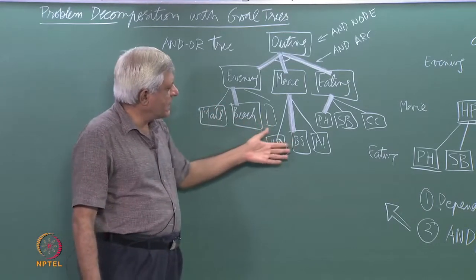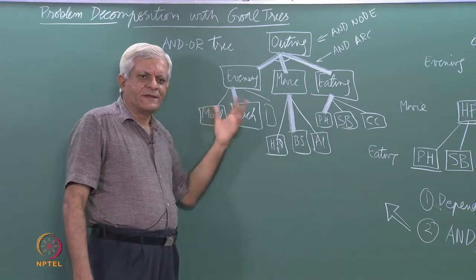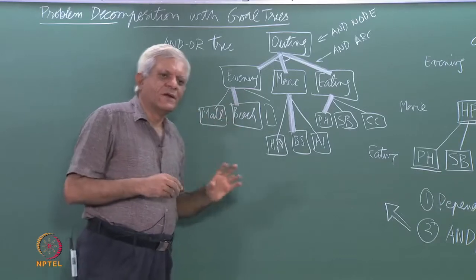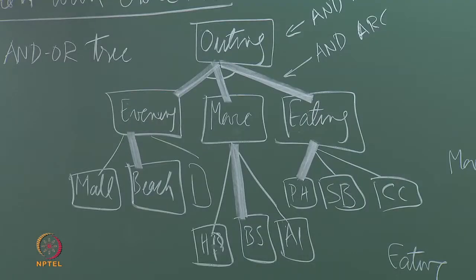Obviously, movies also will have charges associated, and eating out will have some cost associated, and you may have some criteria you want to find a solution within this cost or within this budget or of optimal budget and things like that. So, we will worry about cost as we see things later.